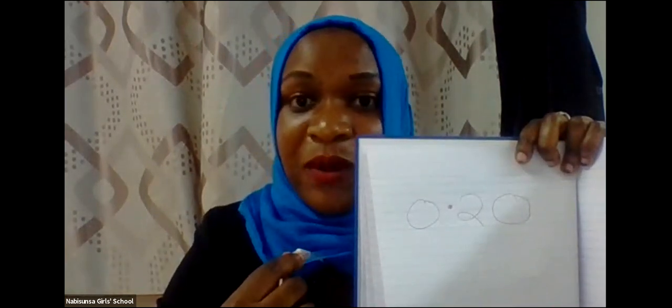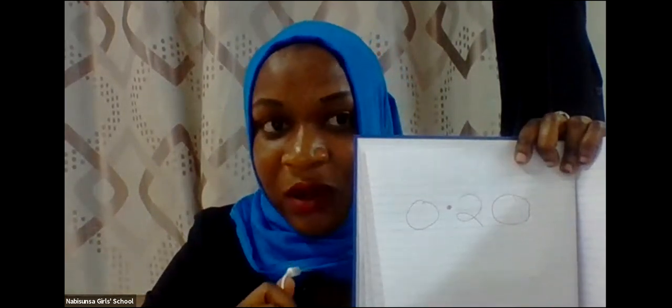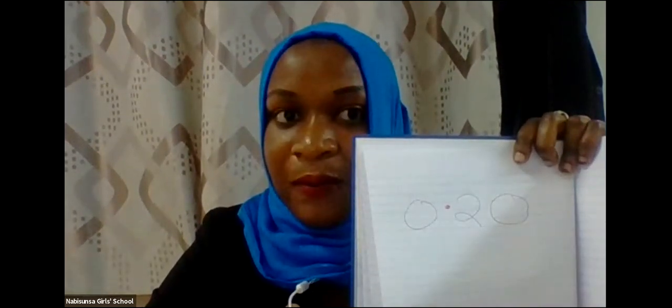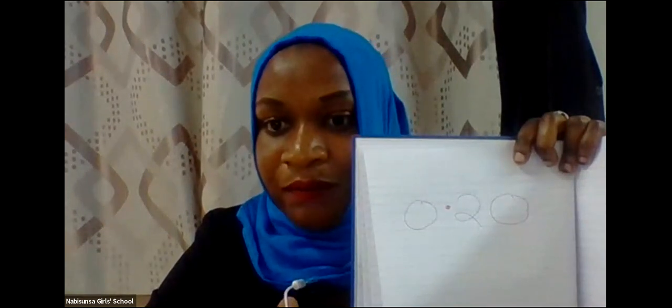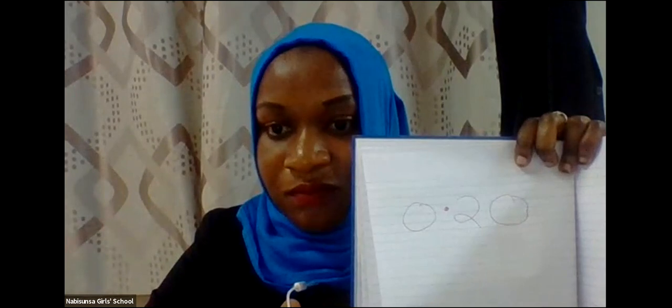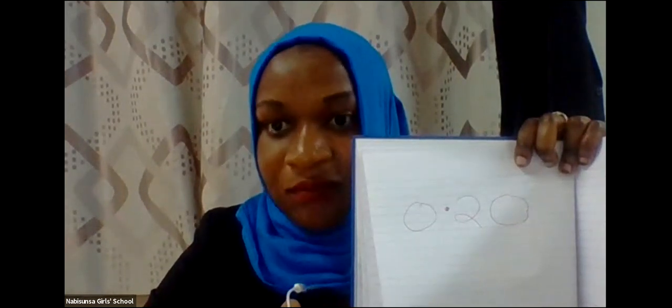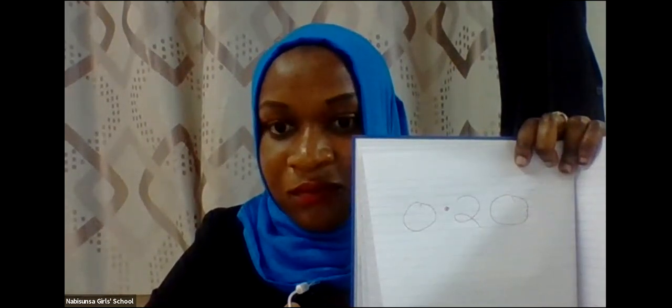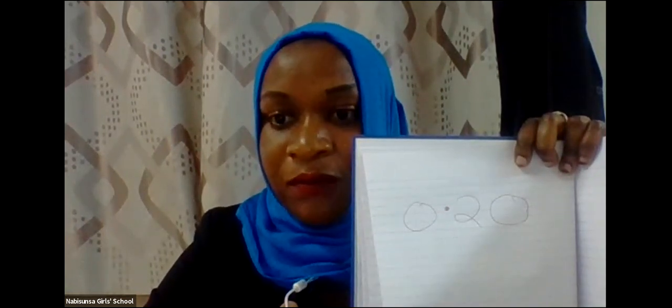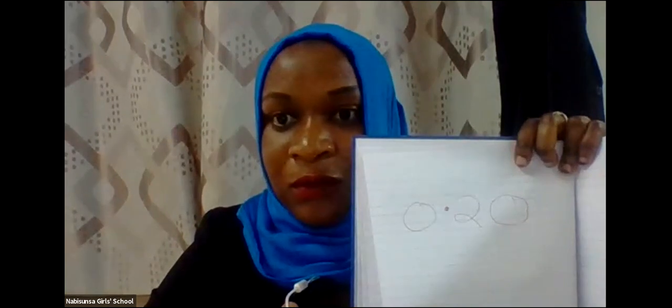Teacher, me, I pick 2. Your name first? Amira. Yes, Amira. Teacher, there are two significant figures because first we don't count the leading 0, and we count the zeros after the decimal point.